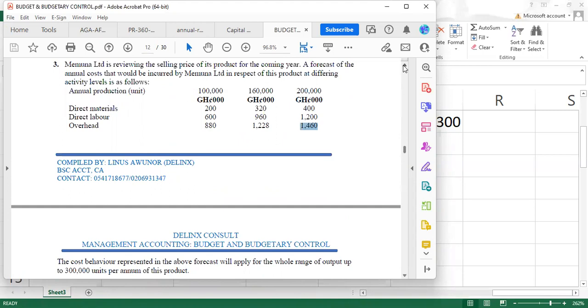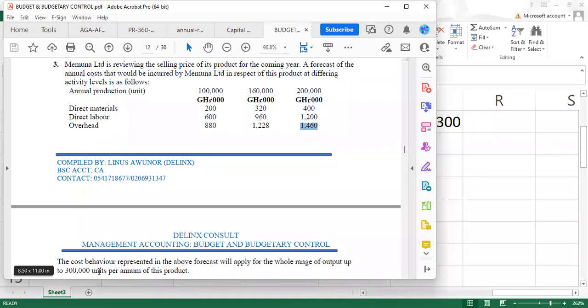So it means that within that range, the fixed cost is not changing, up to 300,000. Nobody should tell you that fixed cost is fixed. It is fixed within a certain activity level. If you go beyond that activity level, then you incur additional fixed cost. But in this one, all the output levels are within the range, so fixed cost will be assumed to be the same.